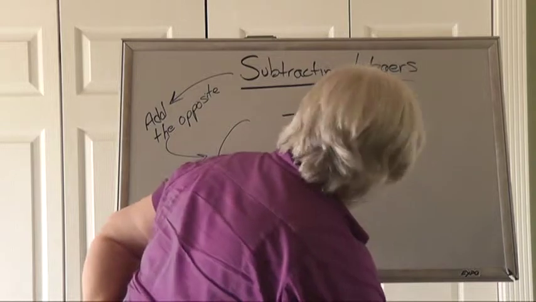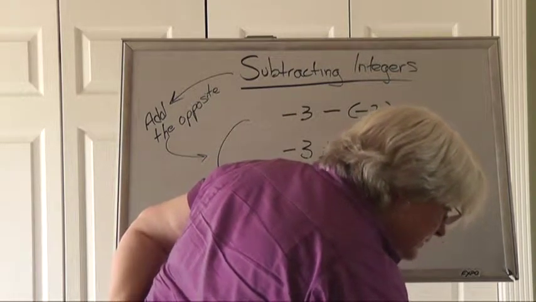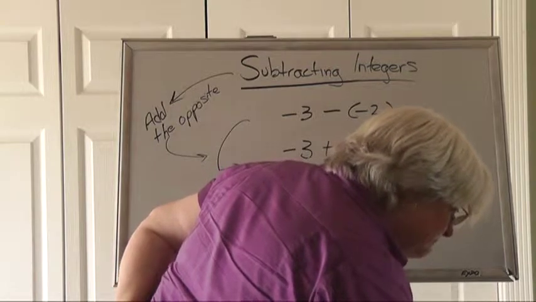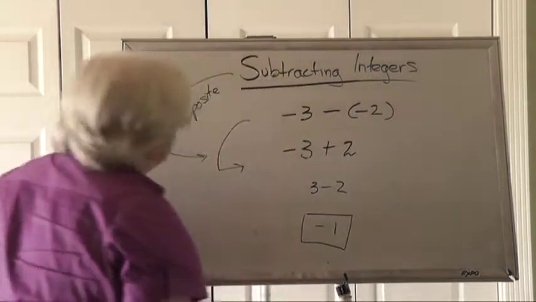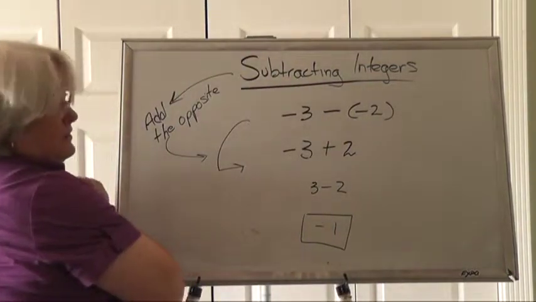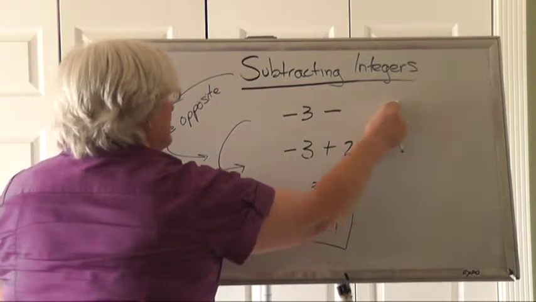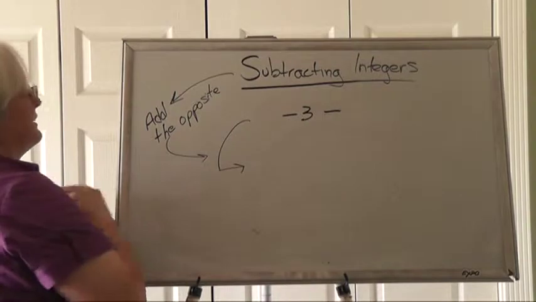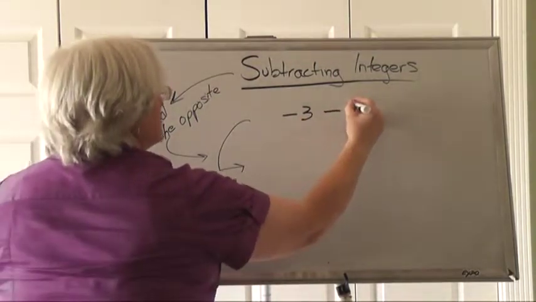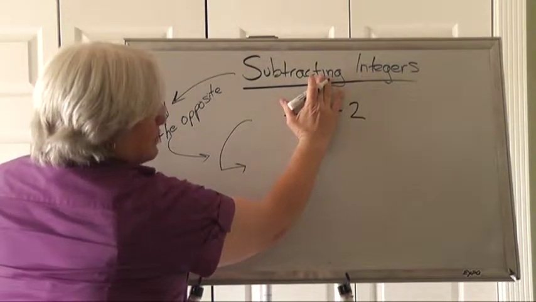Okay? Now, let's see how about if we have negative 3 minus 2? What are we going to do here? Negative 3 minus 2. What are we subtracting? We're subtracting 2.